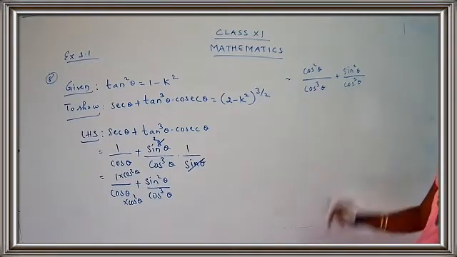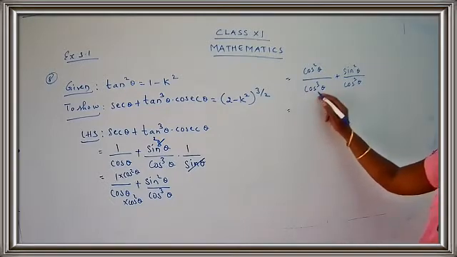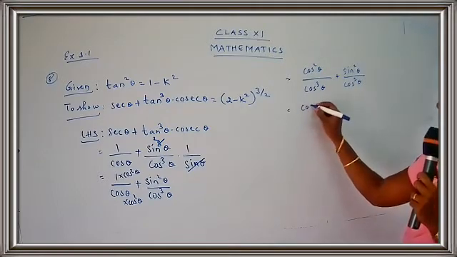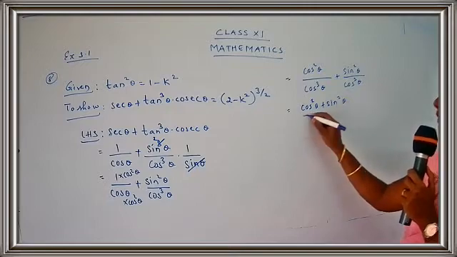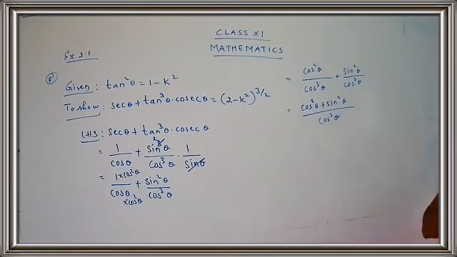Now just look at the step. We have cos cube theta common in the denominator. Yes, so we can take the numerators together. Let's take the numerators together. You get cos square theta plus sin square theta upon cos cube theta. Take the numerators together because you have a same denominator.